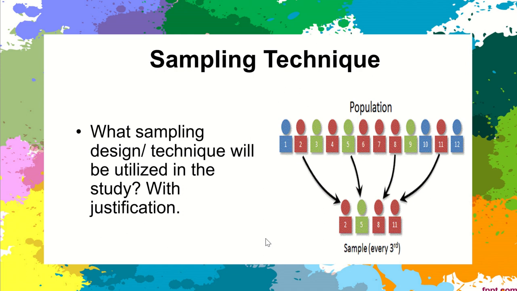So kapag quanti, may suggested tayong design for that. So for quanti, most of the time probability sampling ang ginagamit. For qualitative research, most of the time non-probability sampling technique ang ginagamit, such as your purposive sampling. Okay, so again, that will be discussed further when we reach the topic already.